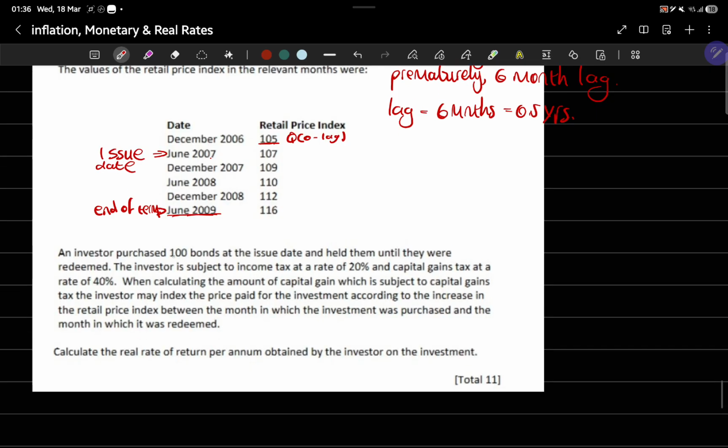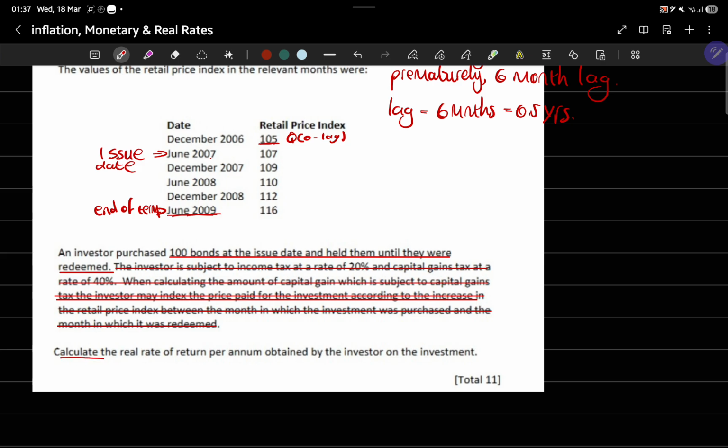An investor purchased 100 bonds at the issue date and held them until they were redeemed. So he or she held them for the full 2 year term, and the investor is subject to tax. We're going to cancel out the tax stuff because you guys haven't done that yet. But don't worry, I know you're excited to do tax in FinMath, so you'll get to do that later and enjoy all the complications that come with it.